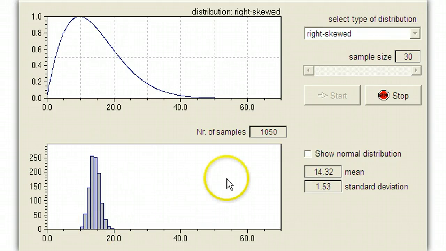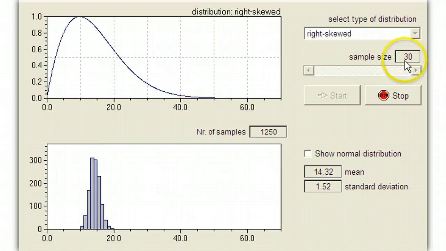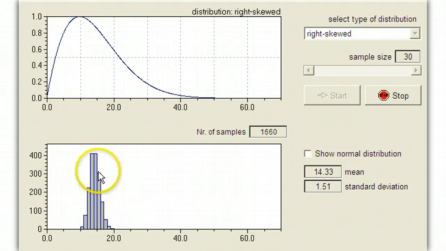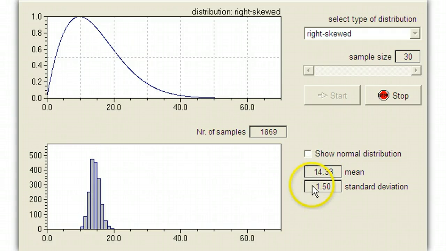Remember the other big part of the distribution of the sample mean: when our sample size gets bigger, the standard deviation of the sample means gets smaller and smaller, and that's why we're getting a really tight distribution around this center, around 14.3, whatever this is here. This is suggesting that the mean of the original population is around 14.33.